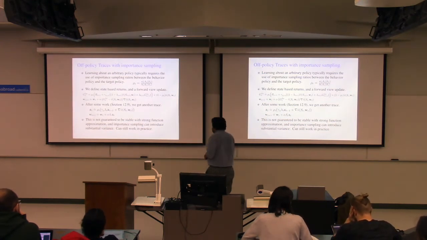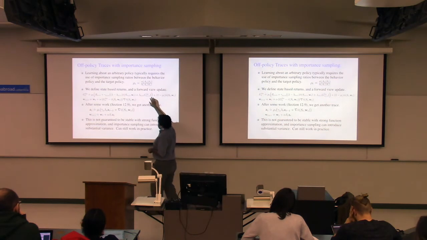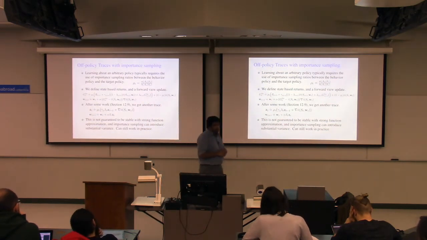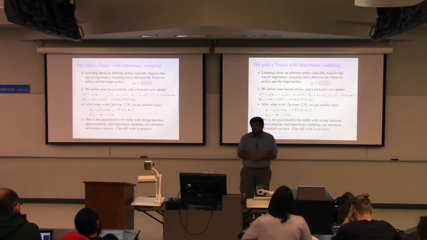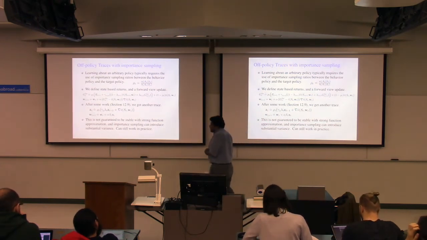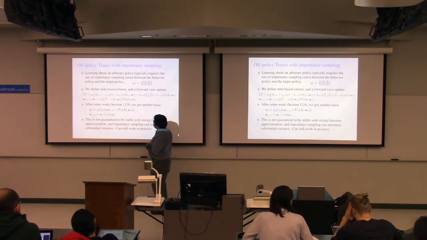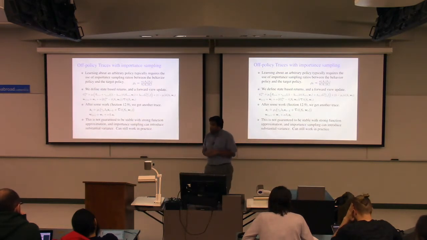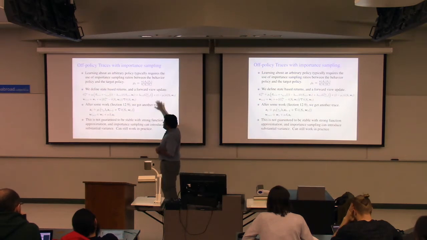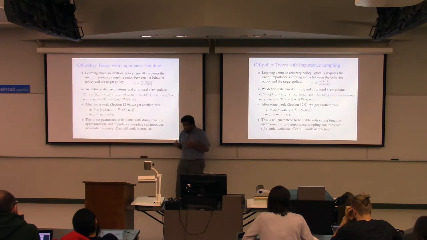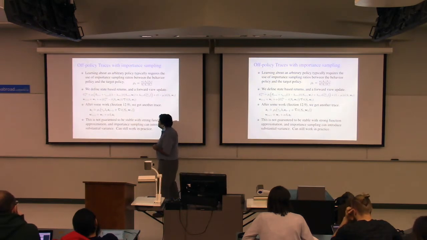So if the behavior has a low probability of doing something and the target has a high probability of doing it, your rho is going to be perhaps much larger than 1. And if you do this for several steps in a row or in a sequence and your rhos are multiplying together in some way, then you can get really large importance sampling ratios. So that's one of the ways that importance sampling tends to increase the variance.